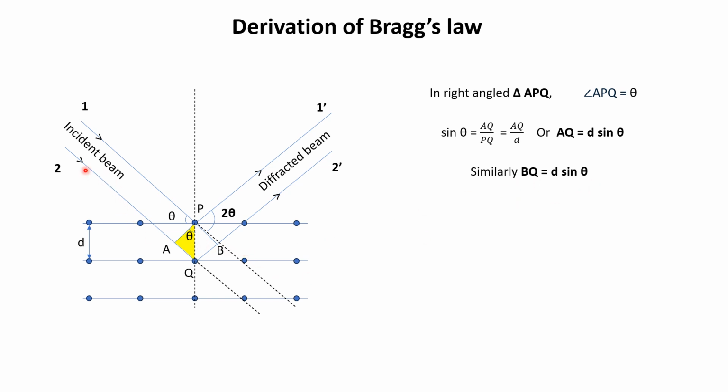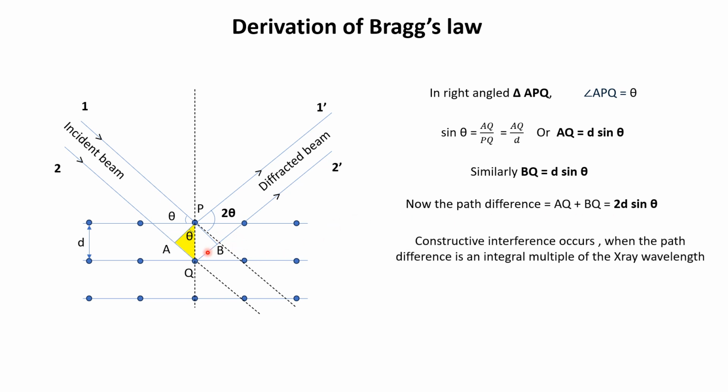Now let's calculate the path difference between the two beams. The path difference between the two beams will be AQB, right? That is AQ plus BQ. We have already calculated AQ and BQ. Now the path difference is AQ plus BQ, which is 2d sin theta.